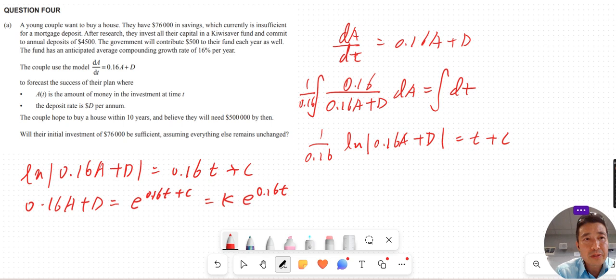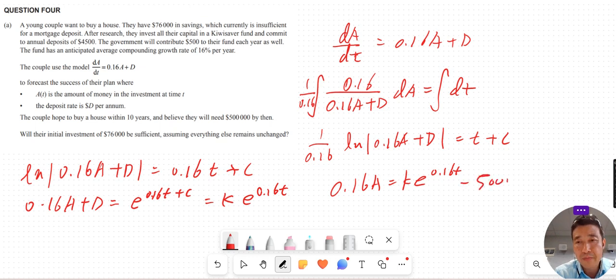So $4,500 deposit plus $500 government contribution. So I would rewrite this as 0.16A equals k e to the power of 0.16t minus 5,000, right? Because D is 5,000 per year.